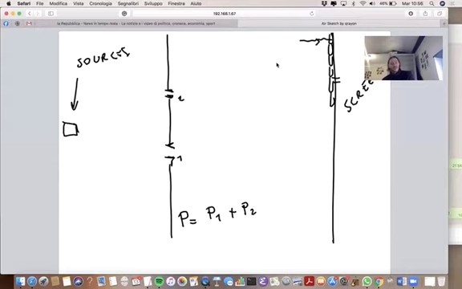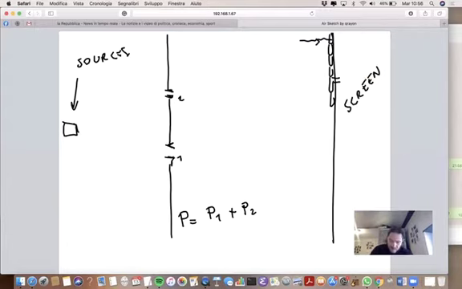Either the bullet goes through hole one, or the bullet goes through hole two. And therefore, our result is something like a nice double hump structure.